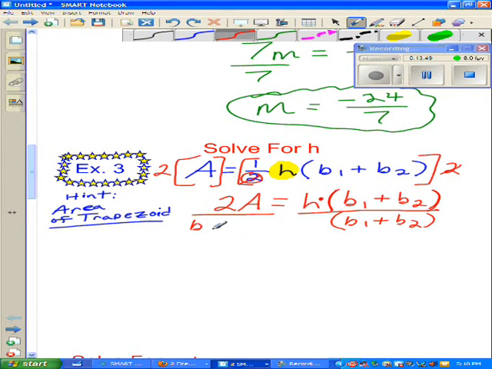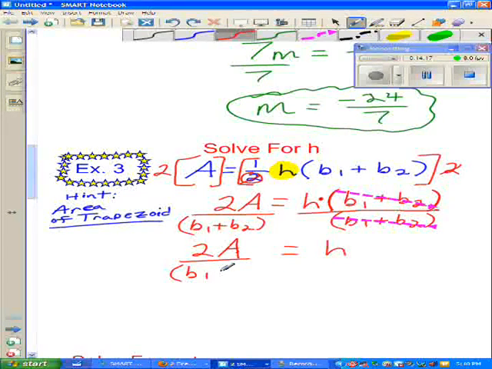So what you'll be left with is B1, B2, and if you want to, you can throw the parentheses around it, but it really doesn't matter because it cancels, and we are solved for h on the right side this time because it doesn't matter, right guys? Right, on the left side we've got a 2A, and then we've got a B1, and we've got a B2.